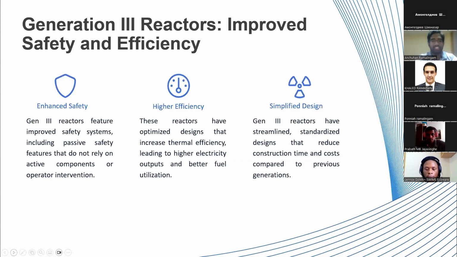So the generation 3 reactors, as I said, were based on the second generation, but their safety and efficiency were increased, and the designs were more simplified to have sustainable and safer operation. Due to the high efficiency, these reactors were built around the world more than the generation 2 reactors.